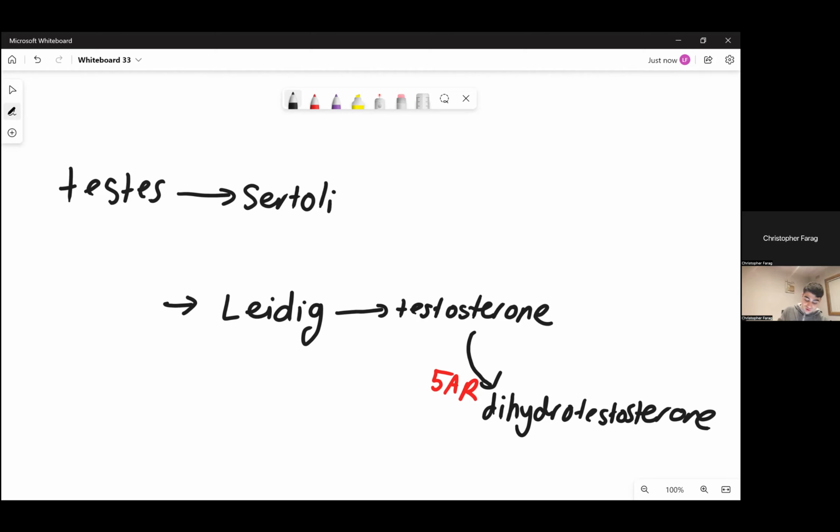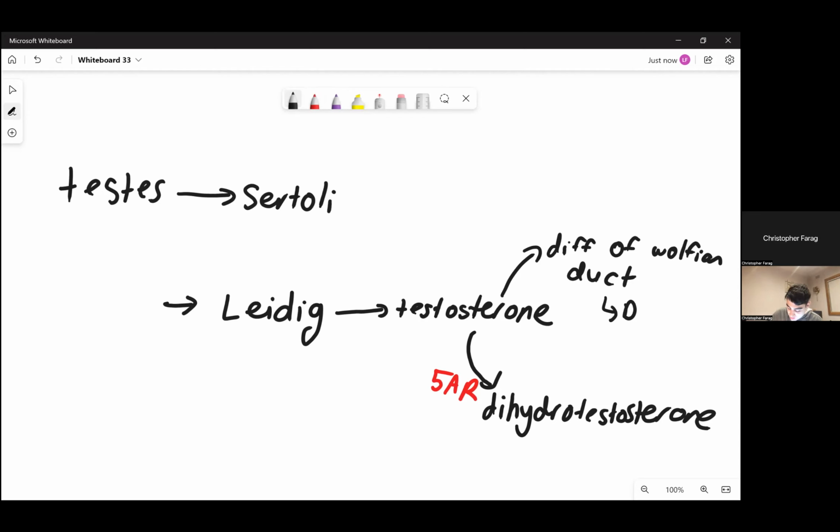Now, so what do these actually do, okay? Well, testosterone causes the differentiation of the Wolffian duct. And what do these actually form? Well, the Wolffian duct is going to go on to form the internal structures of the male reproductive tract.